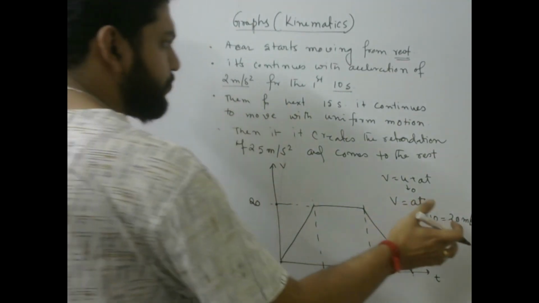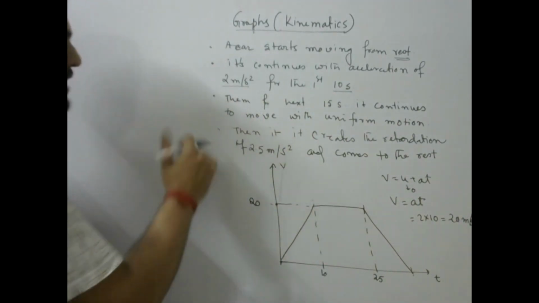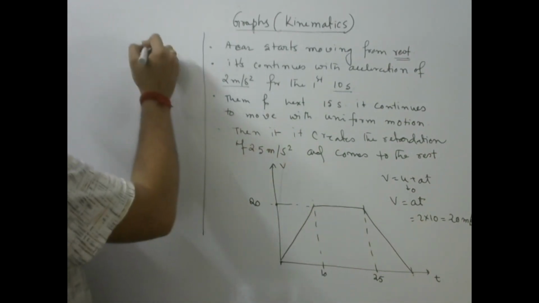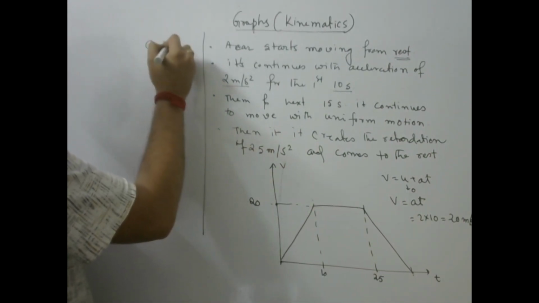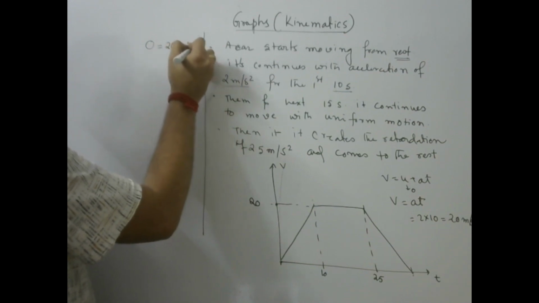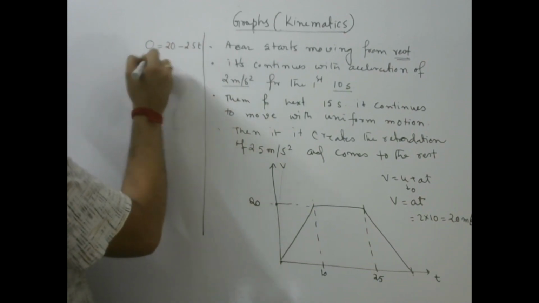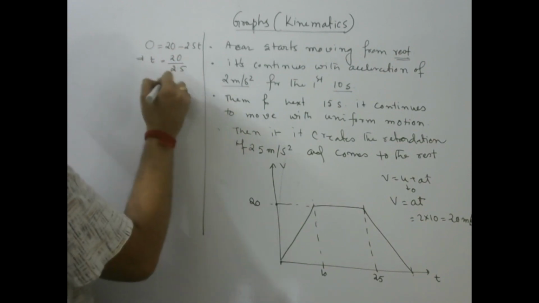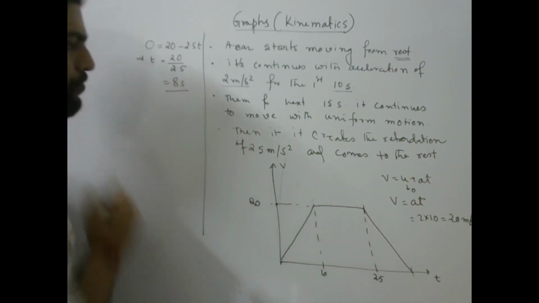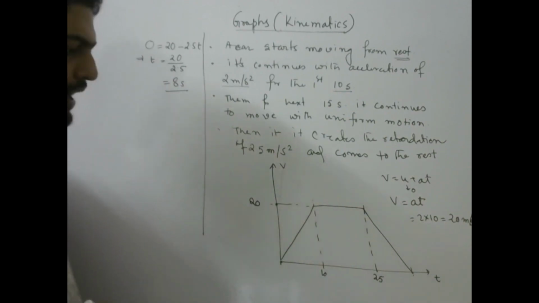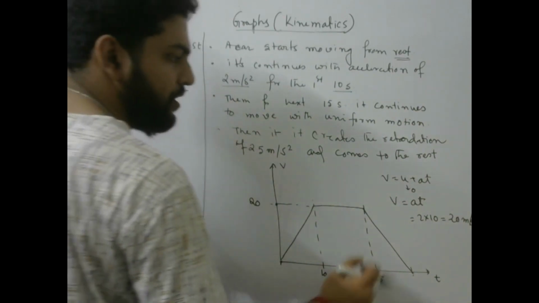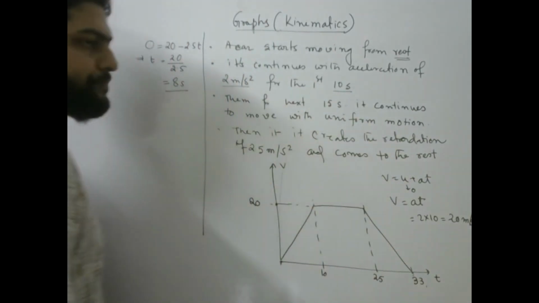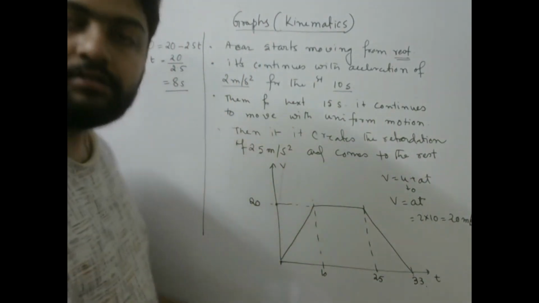Now, for the retardation time, we know the final velocity is 0, so 0 equals 20 minus 2.5t. So t equals 20 divided by 2.5, that is 8 seconds. So the final retarding time is your 8 seconds. So it is 25 plus a further 8, that is 33 seconds. So this was the graph.